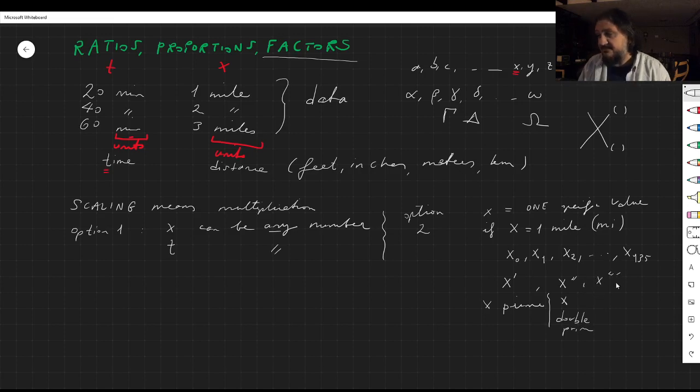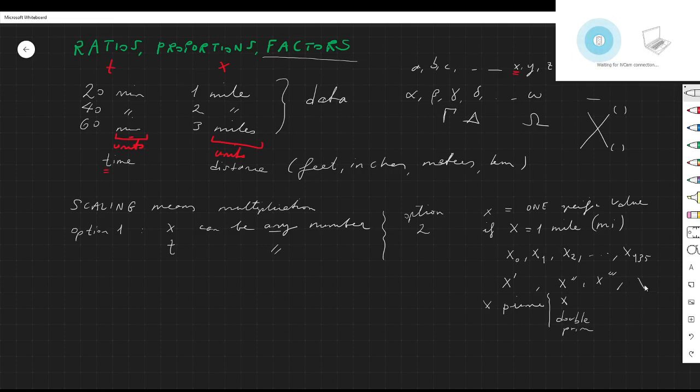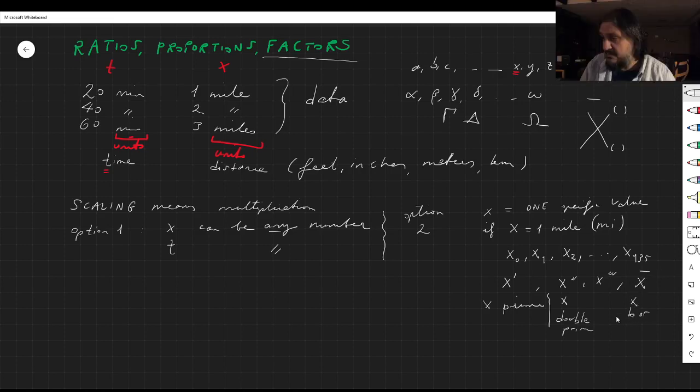Well, after 3, you don't want to put 4, it gets cluttered, so you may switch to something else. How about this one? You put something above, okay? You can put a bar on top of it, call it X bar. Or you can put a wavy bar on top of it, the symbol tilde, call it X tilde.